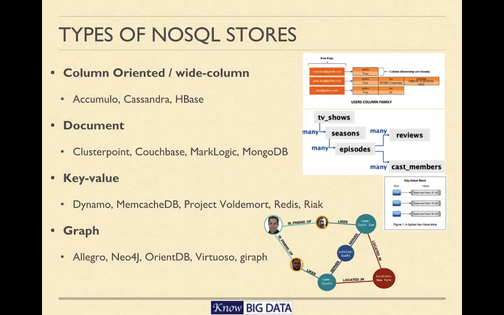Now you might be wondering, what if I have a need for relational, a key value store, and a graph? What if I have all three kinds of need? Should I use three databases? Yes, if your data is sizable on all three aspects, then you go for three databases.